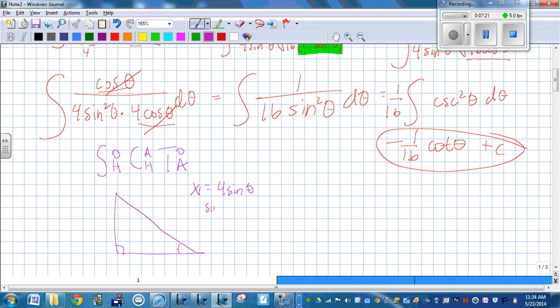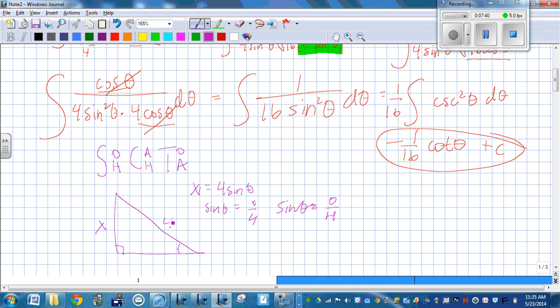So sine of theta equals x over 4. And sine of theta equals opposite over hypotenuse. So if this is our angle, x is the opposite, and 4 is the hypotenuse.